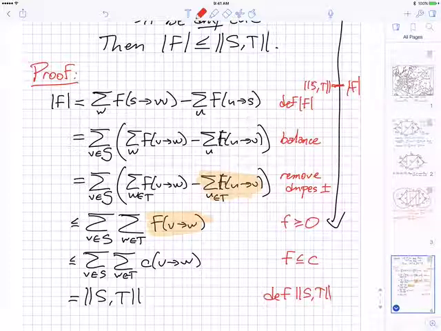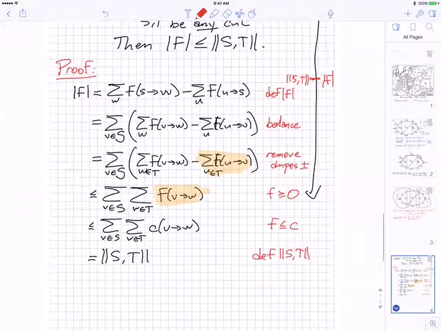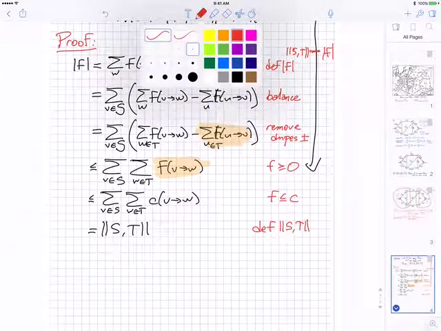On the other hand, the other place I get an inequality is if this flow is actually less, if any forward edge going forward across the cut isn't completely full.